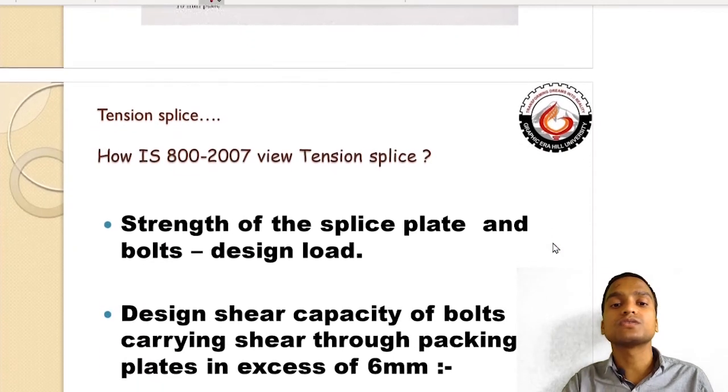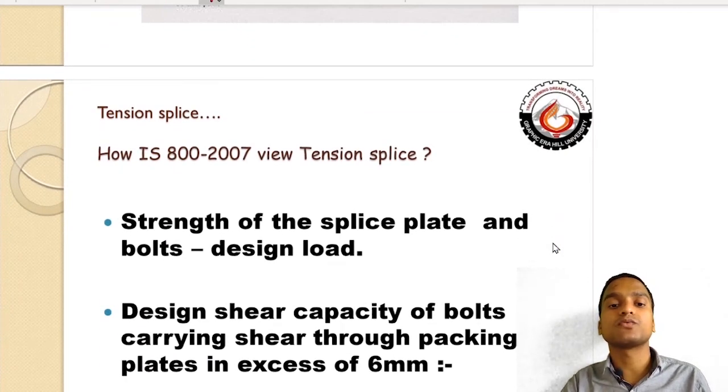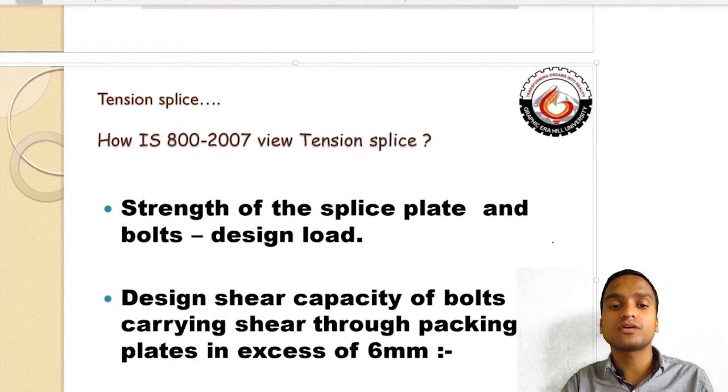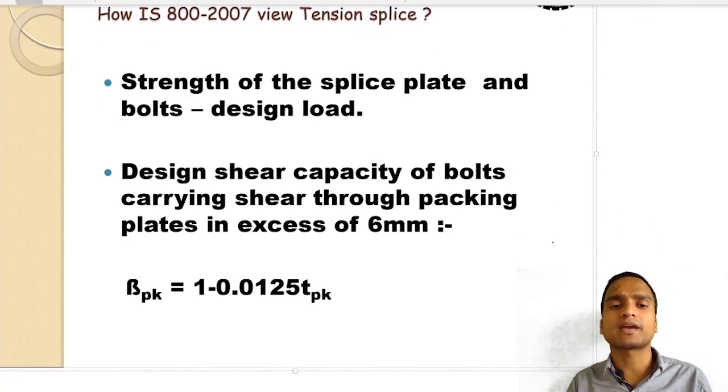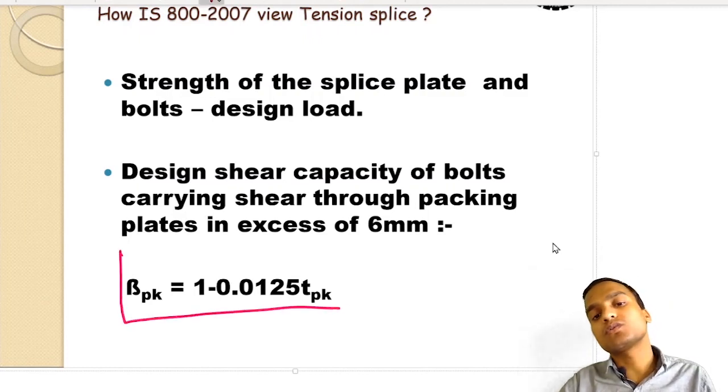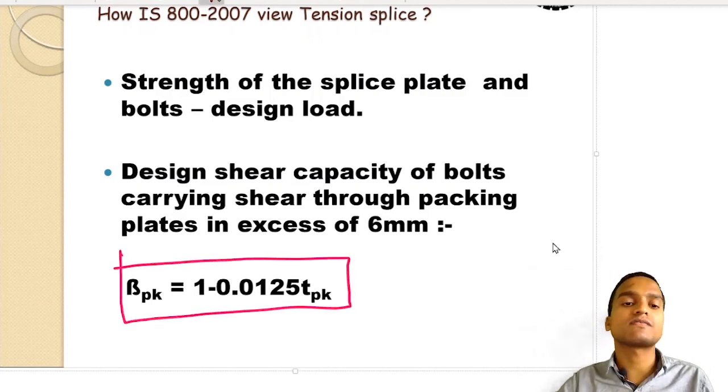So the strength of splice plate and bolts is called the design load, and the design shear capacity of bolts carrying shear through packing plates in excess of 6 mm is reduced by incorporating this reduction factor beta pk, which we have discussed.